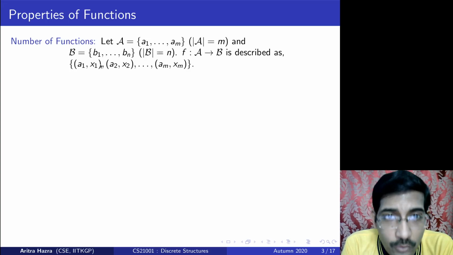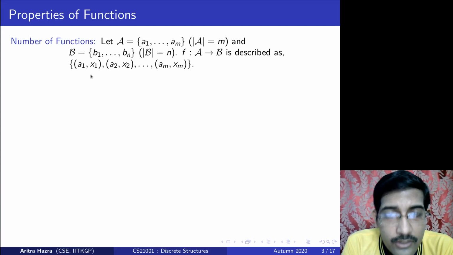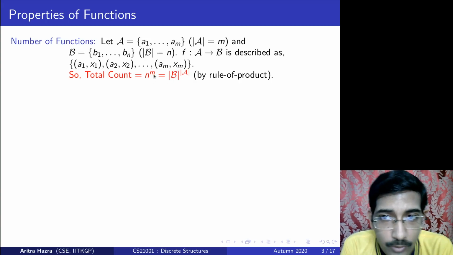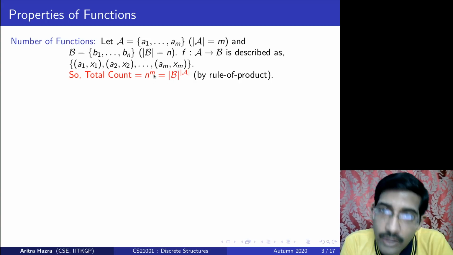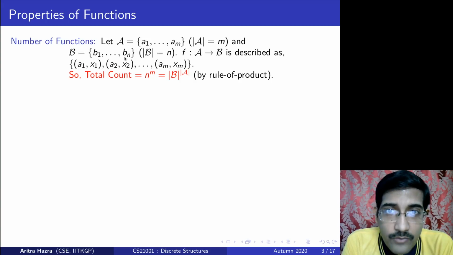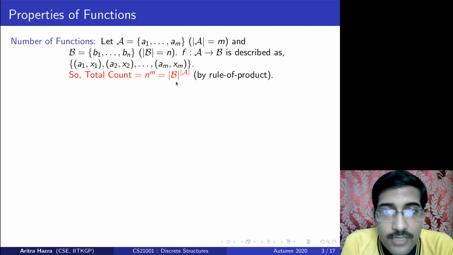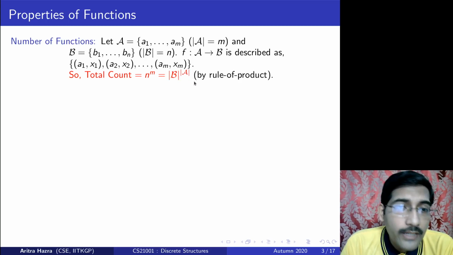Therefore, this particular pair has the choice to take any of the n elements. So going by the product rule, in these m positions we have the total count as n times n, up to m times. So n to the power m is the total number of functions that we can have from sets A to B of sizes m and n respectively. It is the cardinality of B to the power of the cardinality of A.